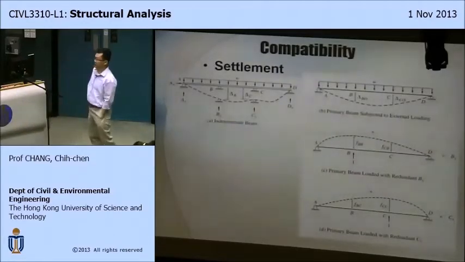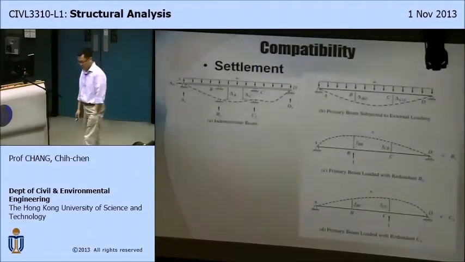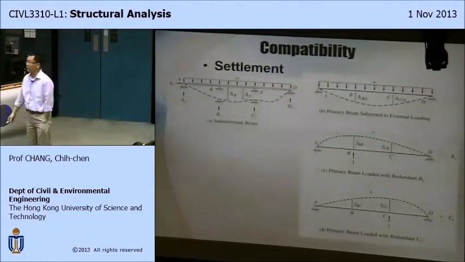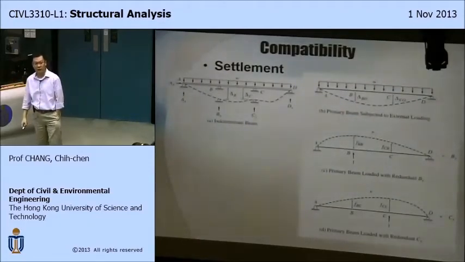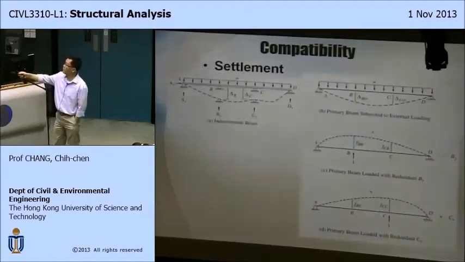So how do we analyze that? Following the same concepts, I want to use compatibility. First, I need to choose redundant forces. I need to choose 2 because this is 2-degree indeterminacy. So I choose B and C as my redundant forces. So I remove these 2 forces and have the external force acting on the structures.